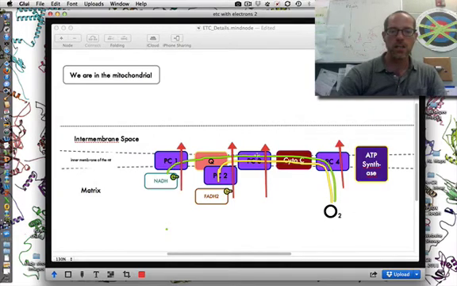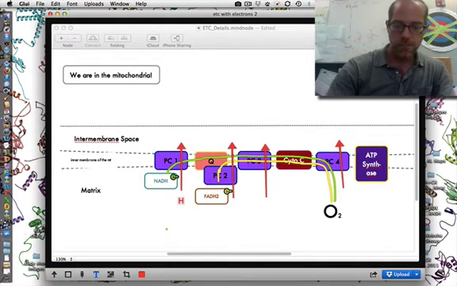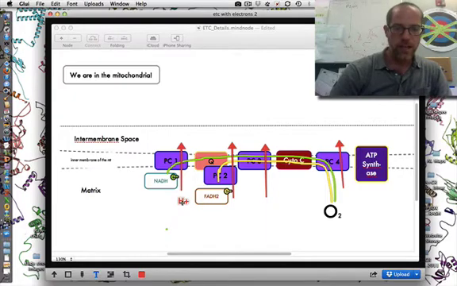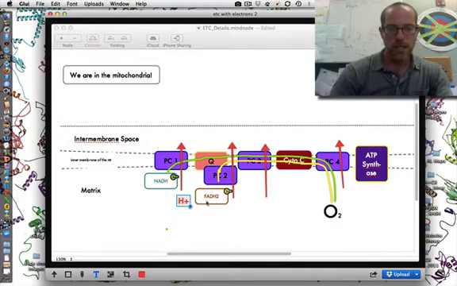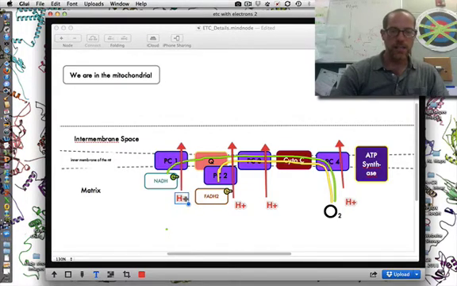As electrons flow, what we're going to notice now is that hydronium ions, H+, are going to be pumped across the inner membrane of the mitochondria. These ions are initially in the matrix of the mitochondrion.